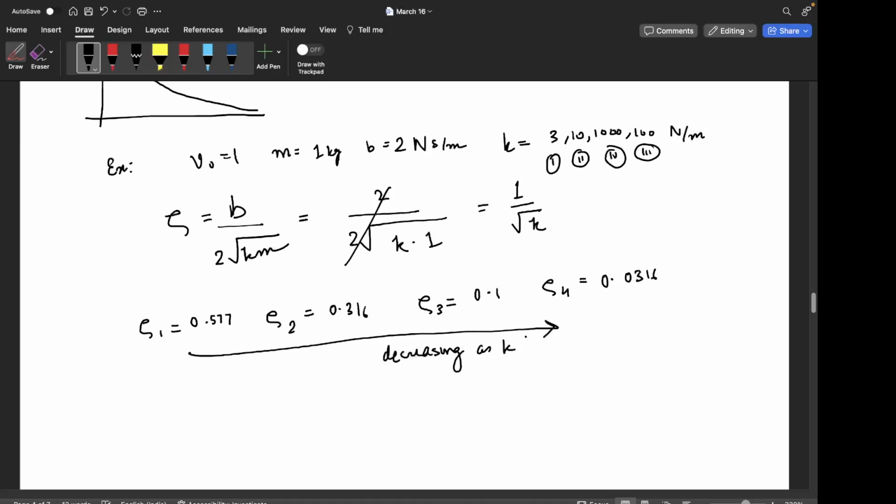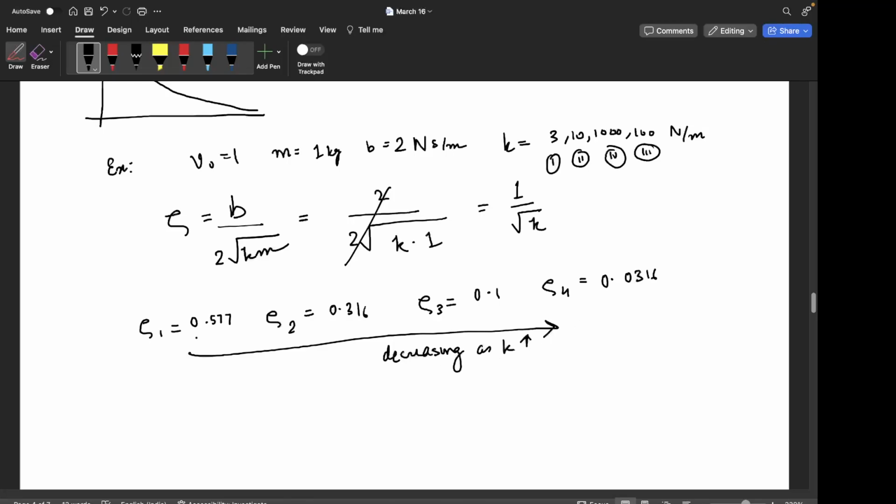So what we see is that xi is decreasing as k increases, right? You can think that b and k have opposite effects on the damping factor. If damping is increasing, xi will increase. If damping is fixed and we keep on increasing the stiffness, which is k, the damping effect will be less.